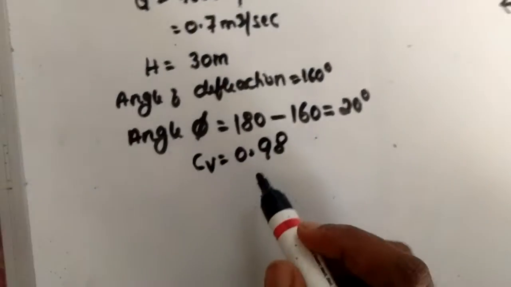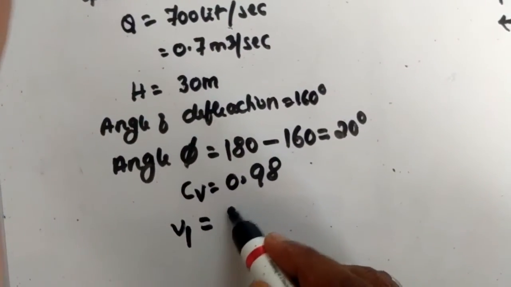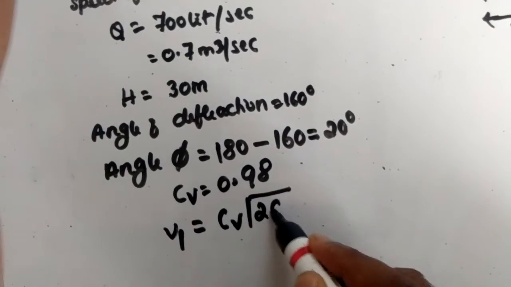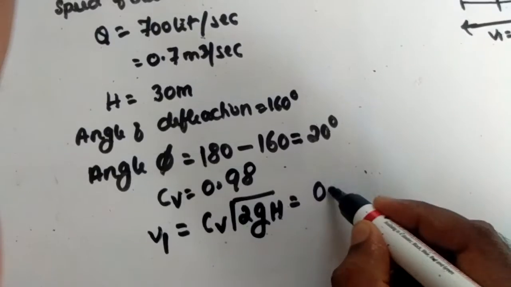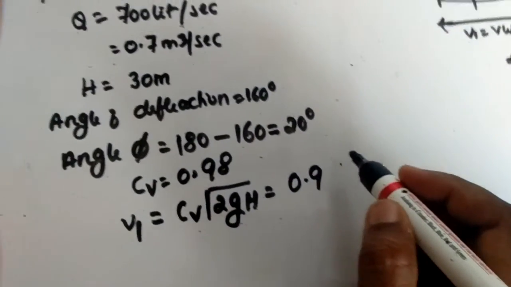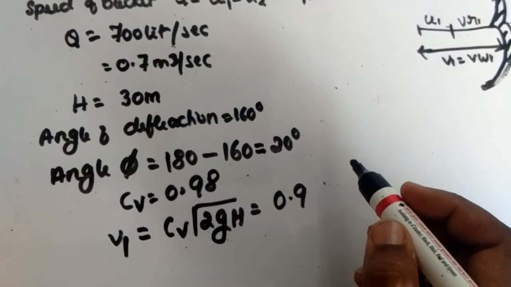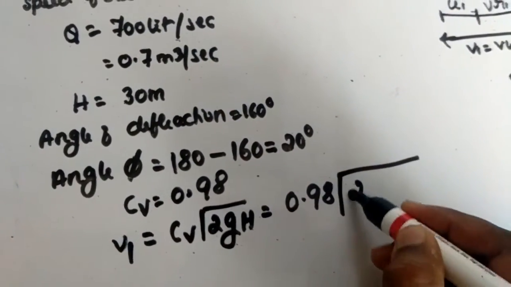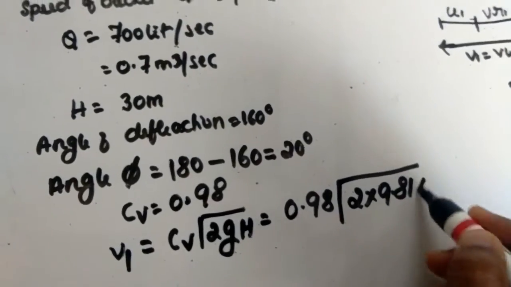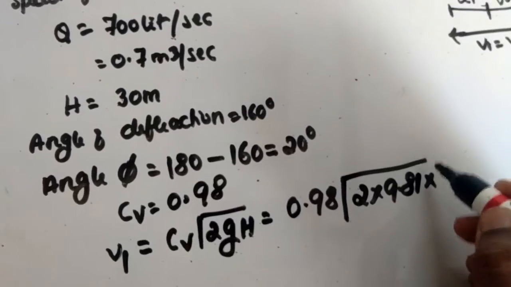And for the velocity of the jet we find out using the formula: V1 is equal to Cv into root 2 g H. The Cv value is the coefficient of velocity, which they have given in the question itself, 0.98. So 2 into 9.81 into the head, which is 30.